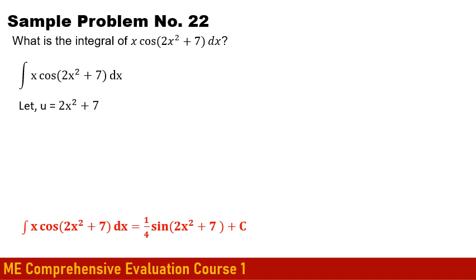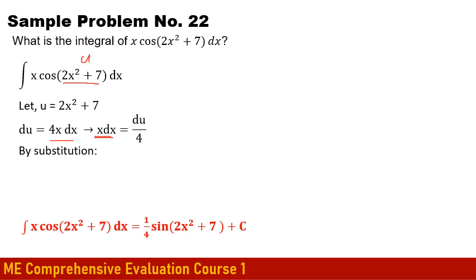So we let this function inside cosine be our u. Then if we differentiate that, our du will become 4x dx, so that x dx is equal to du over 4.